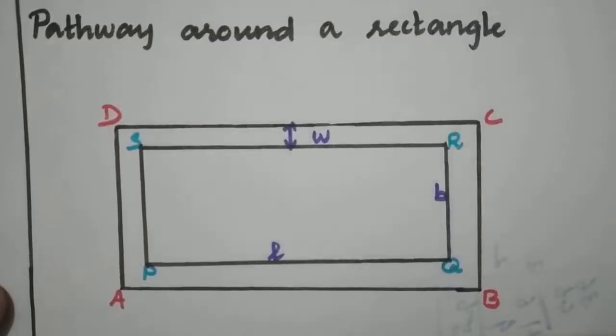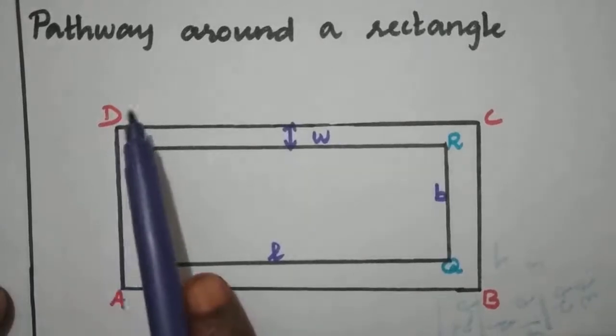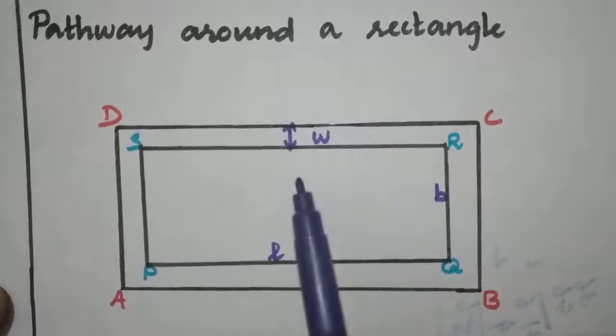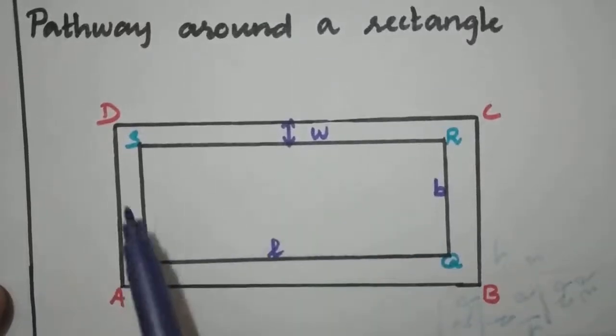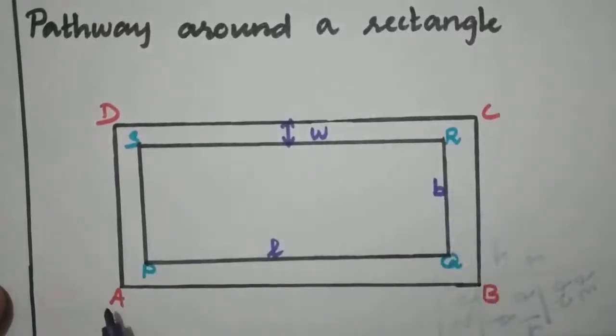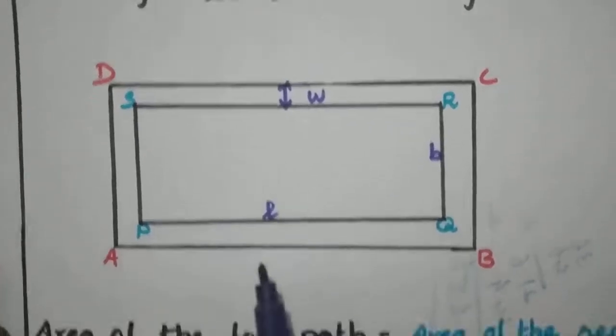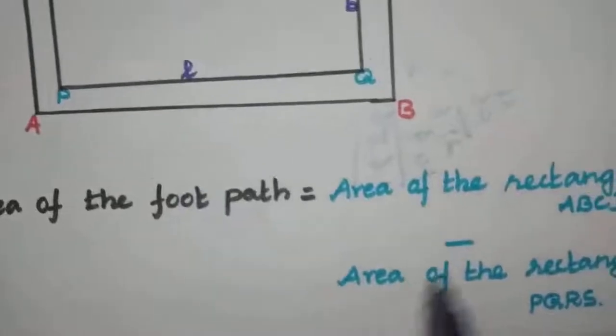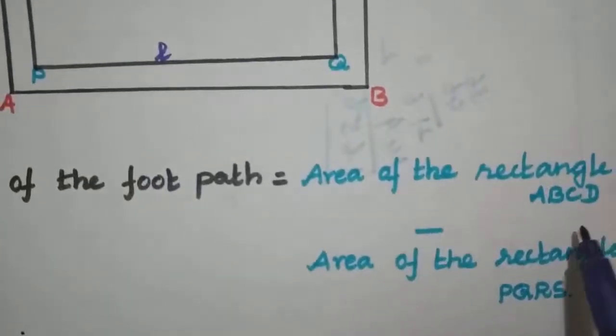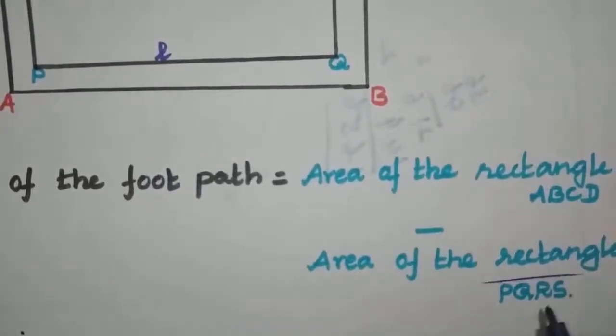Let us have a quick recap of what we learnt in today's class. How do we calculate the pathway around a rectangle? Yes, first we have to find the area of the outer rectangle, then find the area of the inner rectangle. So the area of the footpath is equal to area of the outer rectangle minus area of the inner rectangle.